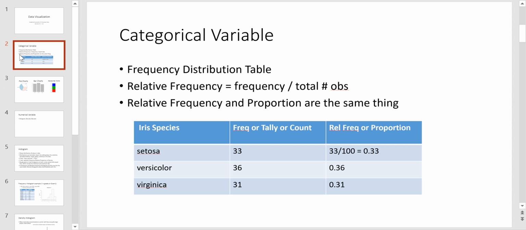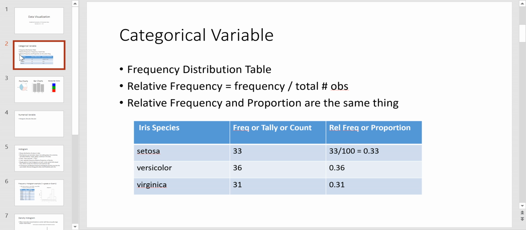Okay, so there are different ways of visually representing this type of variable than numerical variables. And I'm going to just very briefly talk about these. There's not many here that I want to talk about, and you've probably heard of most of them already. So let's briefly go over some of these.